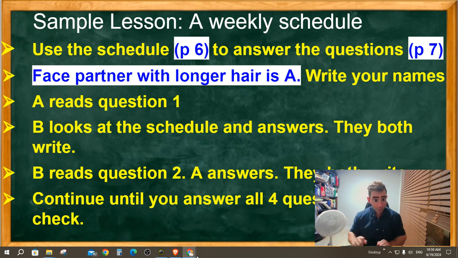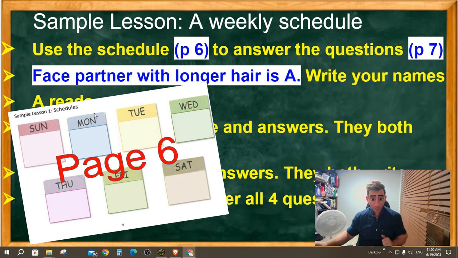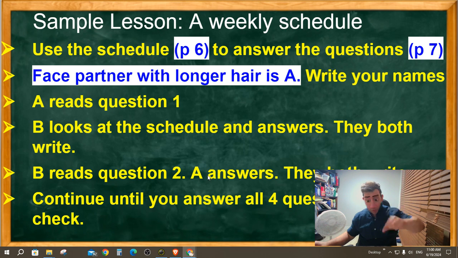Student A will read question number 1. Student B looks at her schedule and answers question number 1, and both students write. Then student B reads question 2, student A answers, and both write. And you're going to keep doing that until all 4 questions are answered.